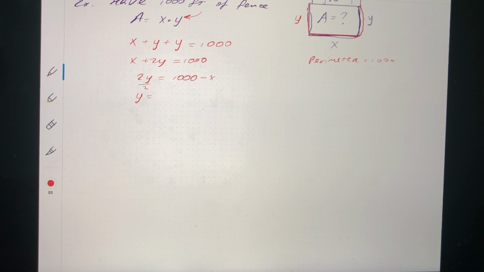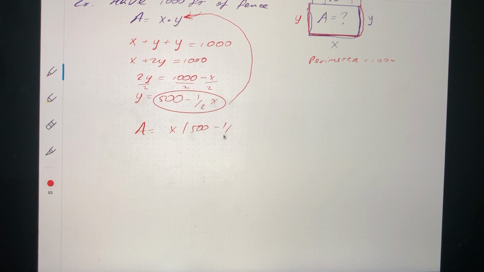So dividing each number by 2, we'll get 500 minus 1/2 x. And this is what the y equals, and if that's what it equals, we can use it for the area formula as well. So the area then becomes x times 500 minus 1/2 x, and we can multiply through by x, making 500x minus 1/2 x squared.